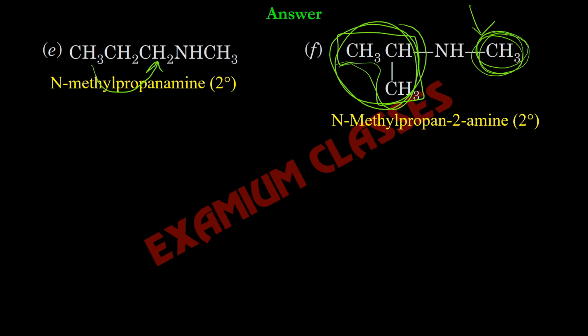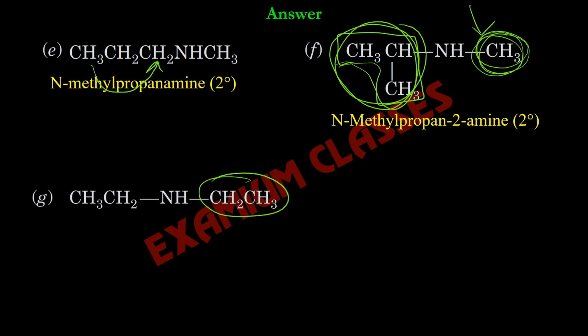Now the next one. Can you have any other possibility? Yes, you can have another possibility. You can have the NH group in the middle. Okay. Both sides ethyl groups. Okay. What is the easiest way to identify the name? The longest chain with the substituent as hydrogen. So because both are ethyl groups, you can consider any one as substituent. So suppose this one is substituent, you replace it by hydrogen, it will become CH3, CH2, NH2, means it is ethanamine.